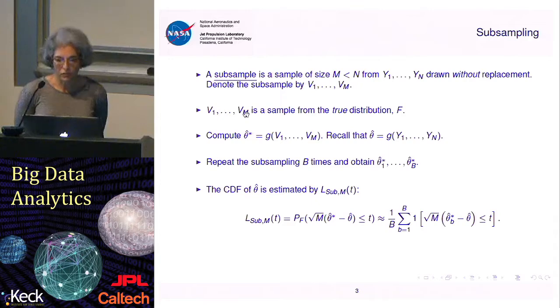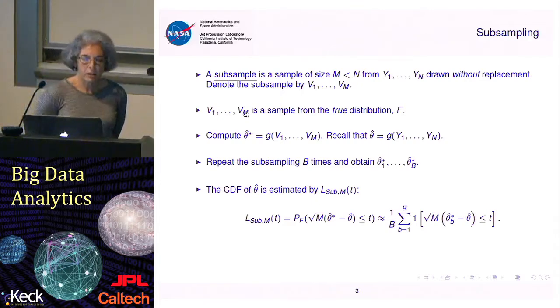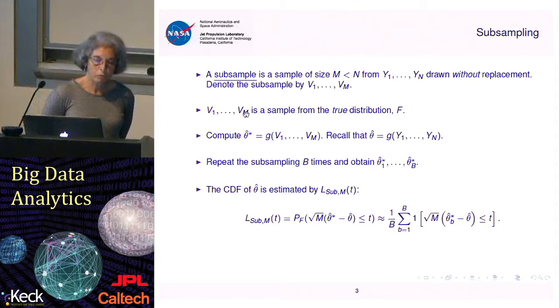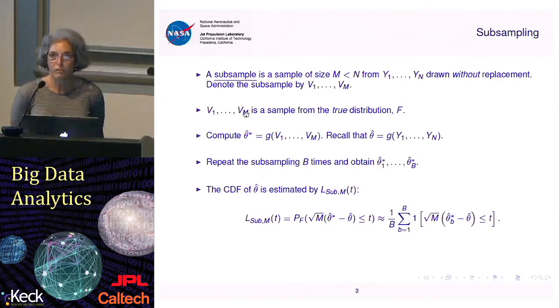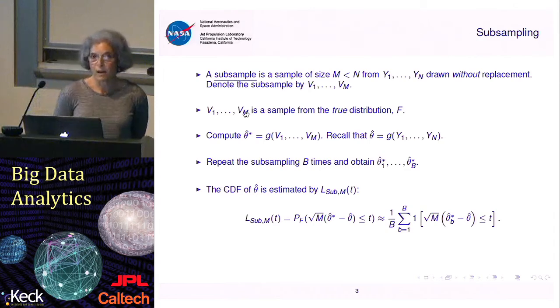And the crucial difference here, which may not seem obvious, is that when we drew the resample with replacement, we were not drawing from the original distribution F, we were drawing from the empirical distribution of the sample, F hat sub N. Here, we are drawing from the true distribution F. And if you think about that, you think you're drawing a subsample of a sample.